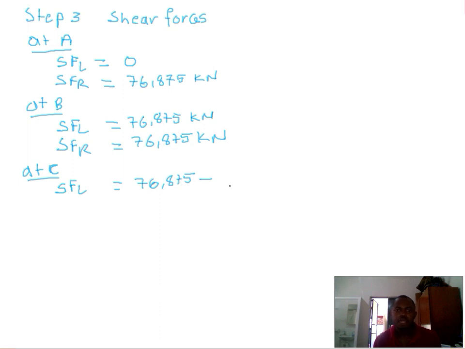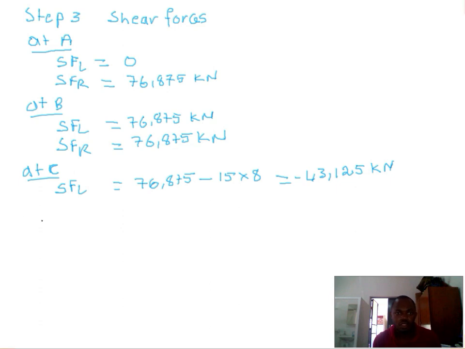This is the applied load between B and C, where we only have a distributed load, which is 15 times 8. This will give you minus 43.125 kilonewton.